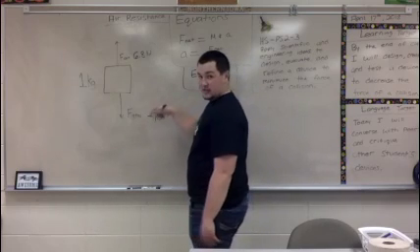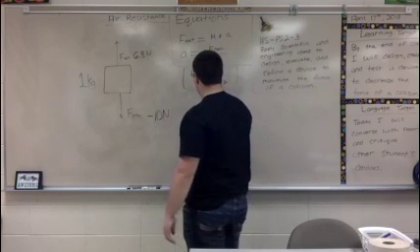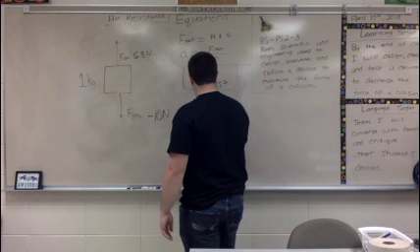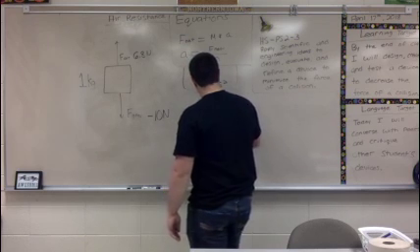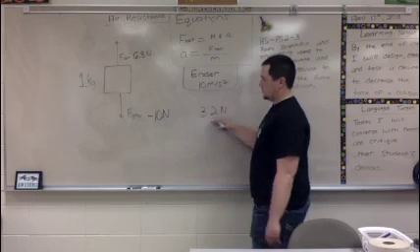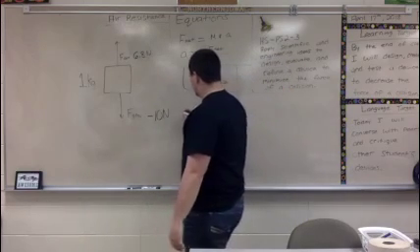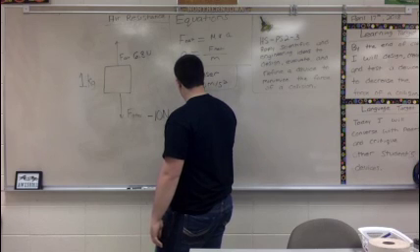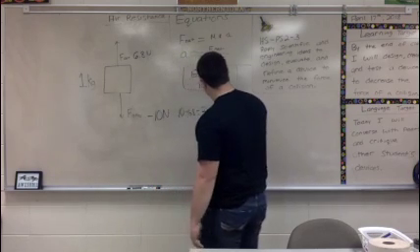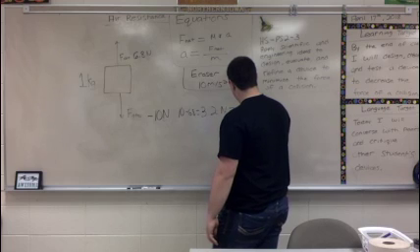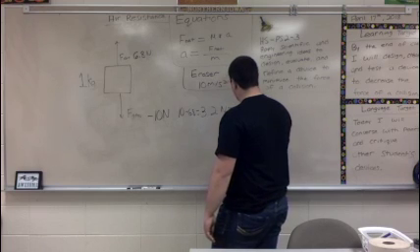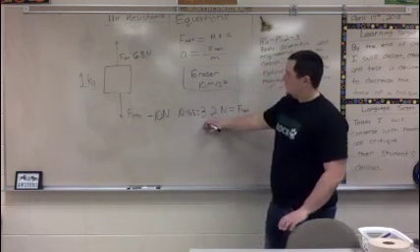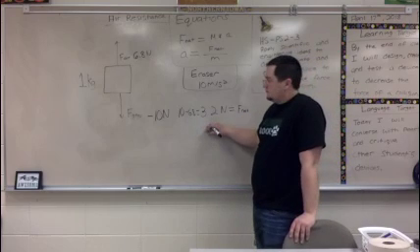So our force was in the downwards direction, going 3.2 newtons. That was the force in the downwards direction. And again, that was just taking 10 minus 6.8. That gave us our net force of 3.2 newtons. This is now our net force.